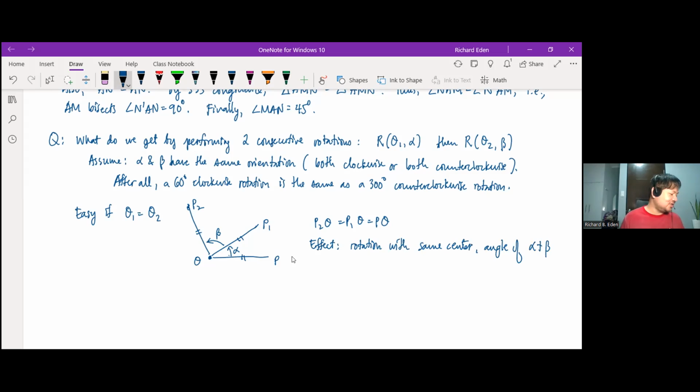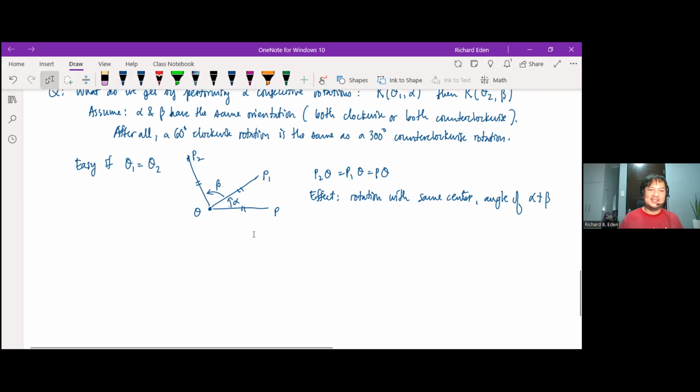Same center. Siyempre, doon tayo sa magtataka dun sa usapan, what if the centers are different? Okay. What if O1 is not equal to O2? Now, instead of looking at the image of a point, I think mas masusundan natin if we look at the image of a segment.